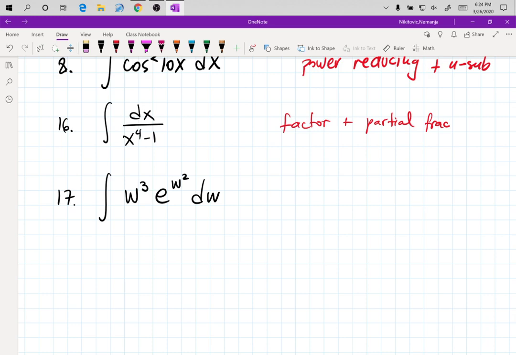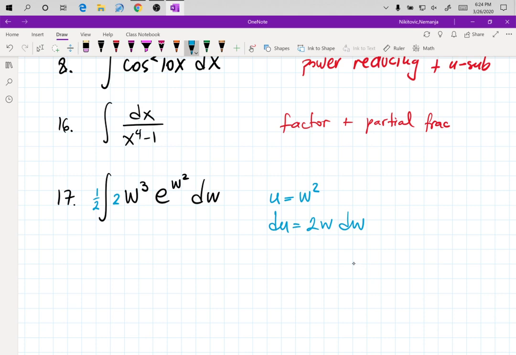And for this one, we can try u sub and see where it takes us. I'm going to say u equals w squared, du equals 2w dw. I don't have a 2, so I'll put that in and see where I get.